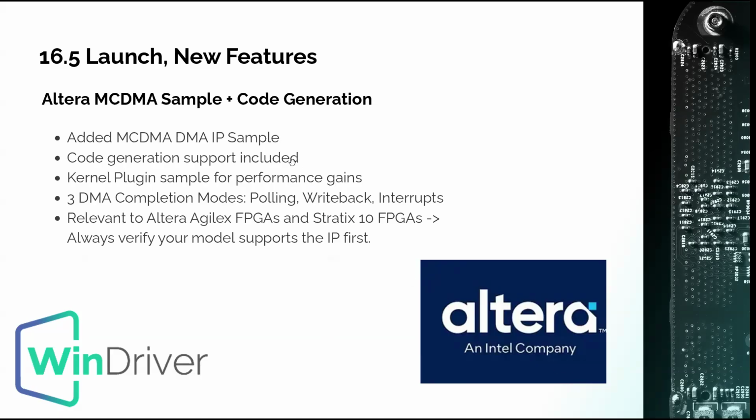In general, I showed you that you can choose the customization from the wizard, and you can also open the sample from the samples subdirectory that the WinDriver SDK you download from our website includes. And we also have a kernel plugin sample for performance gains.